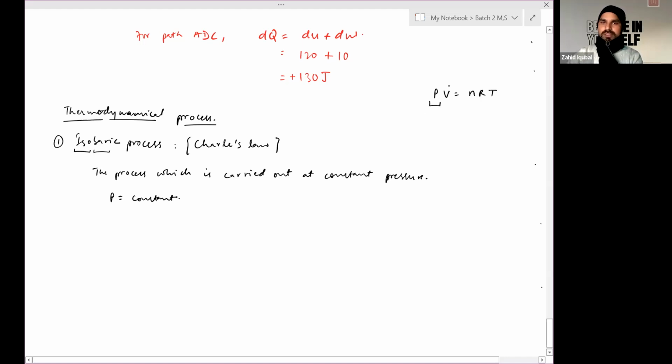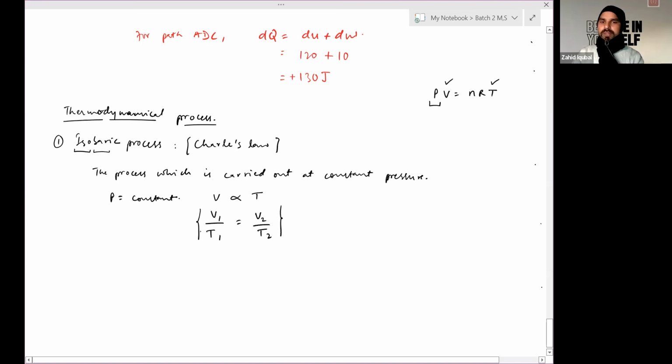If pressure is constant, then volume and temperature will be directly proportional to each other. So we can write volume proportional to temperature. On rearranging this equation, you may write V1 over T1 equals V2 over T2, the equation of state for this particular process.